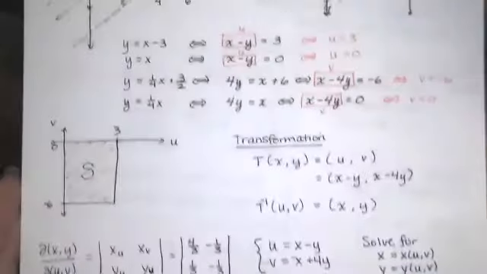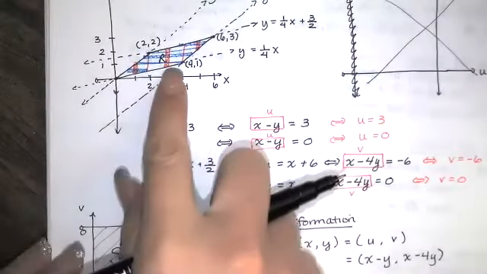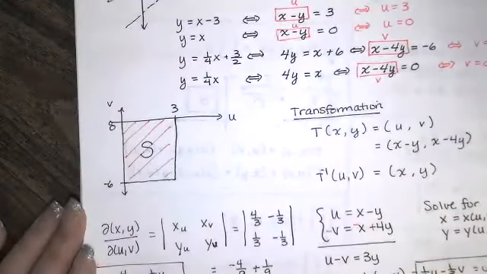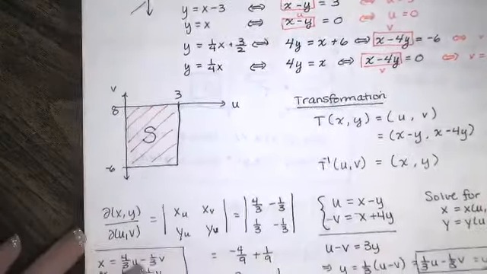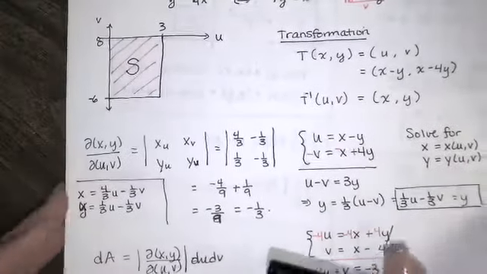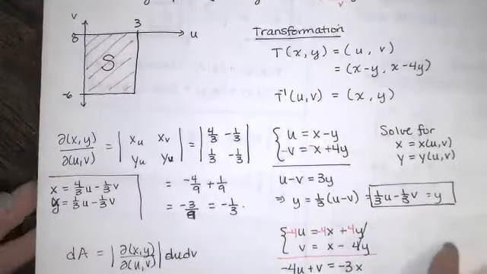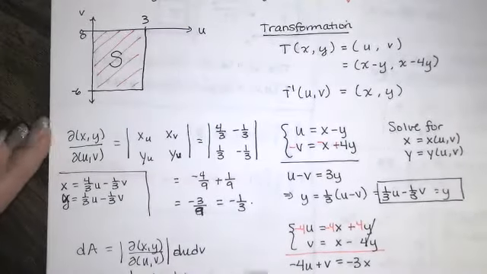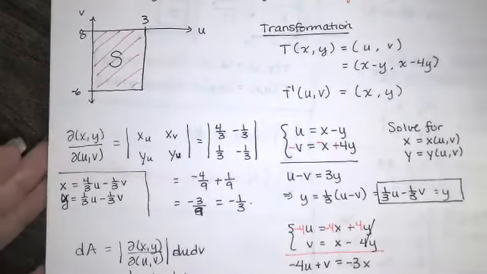Okay, so that was an example in which we changed this region R into a region S in the xy plane. We also came up with x in terms of u and v and y in terms of u and v by solving a system of equations. And then we found the Jacobian.